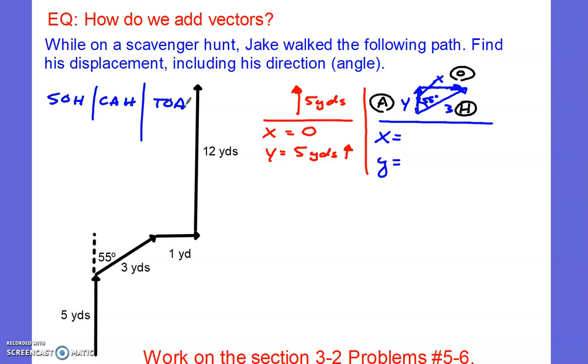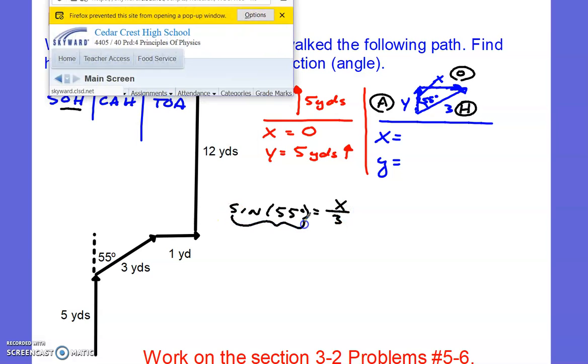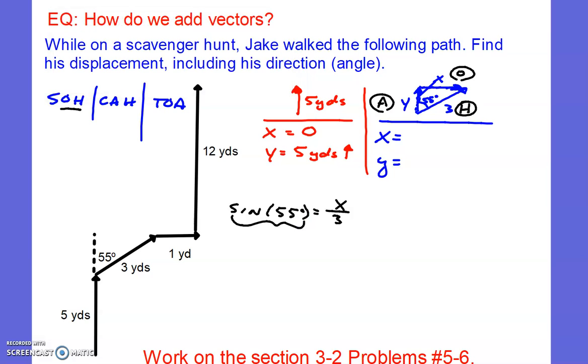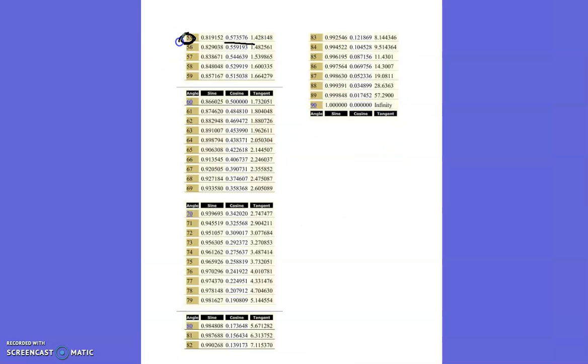Let's find the x component first. The x component is the opposite side, and I have my hypotenuse, so that is the sine. I'll write some scratch work down here. The sine of 55 degrees is equal to my opposite x over my hypotenuse 3. Now again, I need to figure out what number this 55 is. So I can either type it in my calculator, or I can look it up on my trig table. 55 degrees, and the sine is the first column.